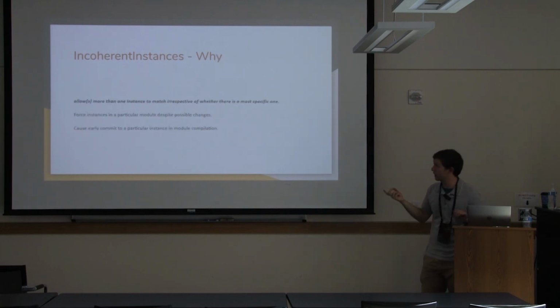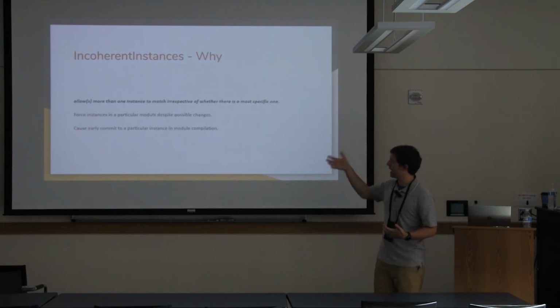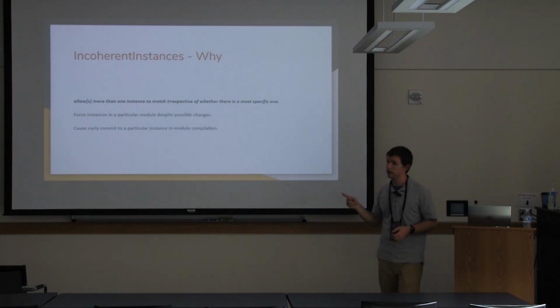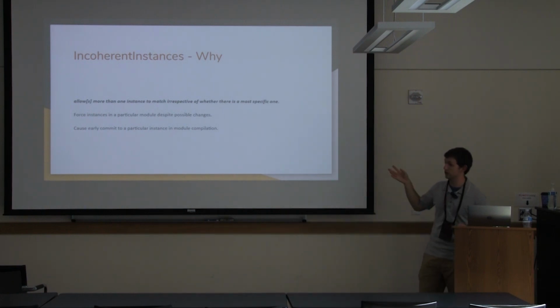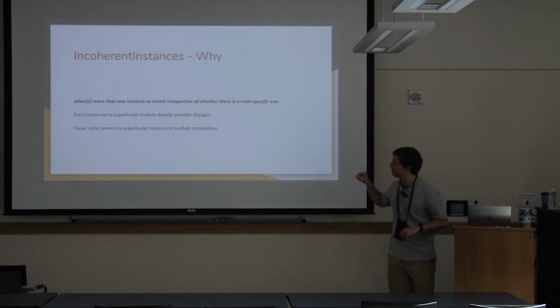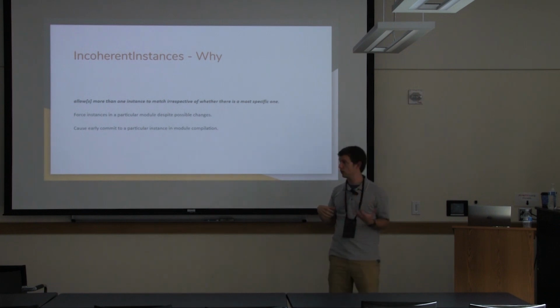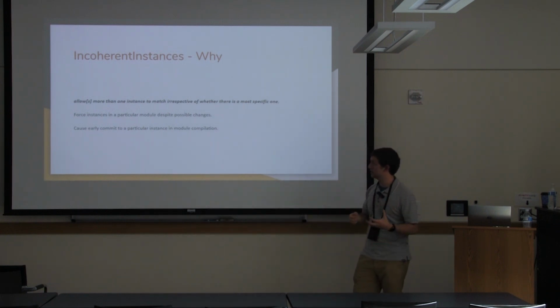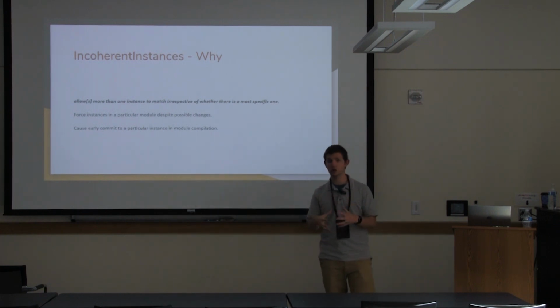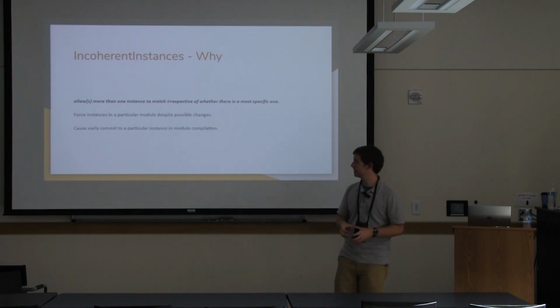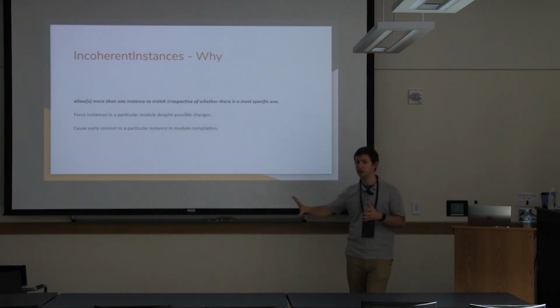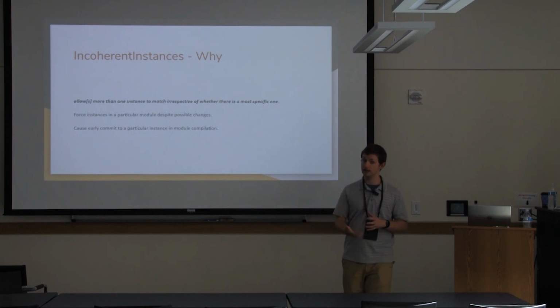All right, so why do you want incoherent instances? Well, what they do is they allow more than one instance to match, irrespective of whether or not there's a most specific one. And we're going to talk about what that means in just a second as well. But the reason they can be useful is that they can force instances in a particular module to work in that case, despite the fact that you might have different behaviors that could change that later on.